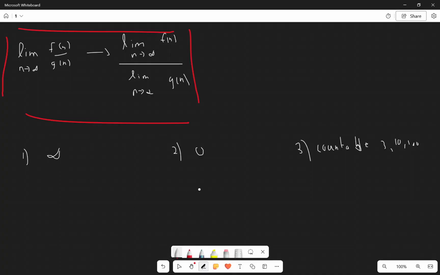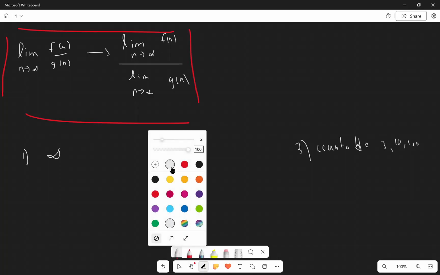One is infinity, one is 0, one is a countable value. So let's first of all figure out how we can get these three values.